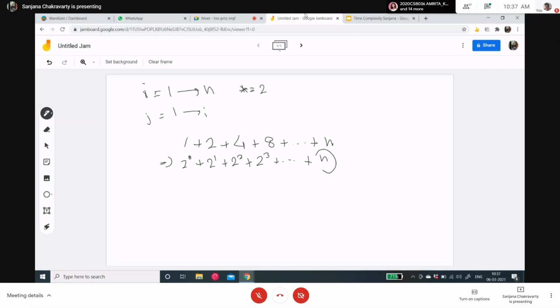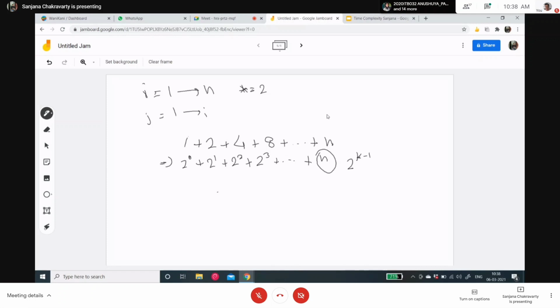n. Now, what is this n? We want to know how many iterations of i we've had, right? So let's suppose we've had k iterations of i. So for the first iteration it's to the power 0, second it's to the power 1. So this would be 2 to the power k minus 1, right?